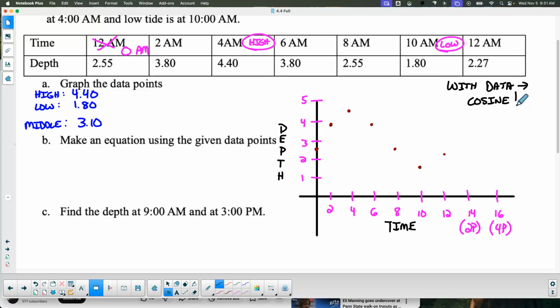So anytime that we have a set of data, it makes more sense to do cosine because then you know your high, you know your low. Those could be your two starting points. So I've got my middle.